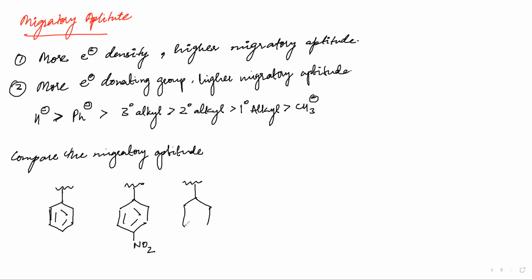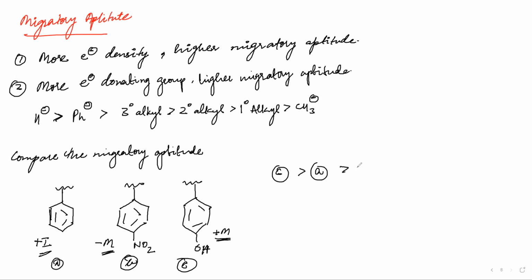Now another benzene ring which has an OH group. So this has no effect. This has only plus I effect. This has minus M. This has plus M. So the highest electron density, if I say this is A, this is B, and this is C, the most electron dense would be C. Then we will be seeing A because of plus I, and at last B. Correct?